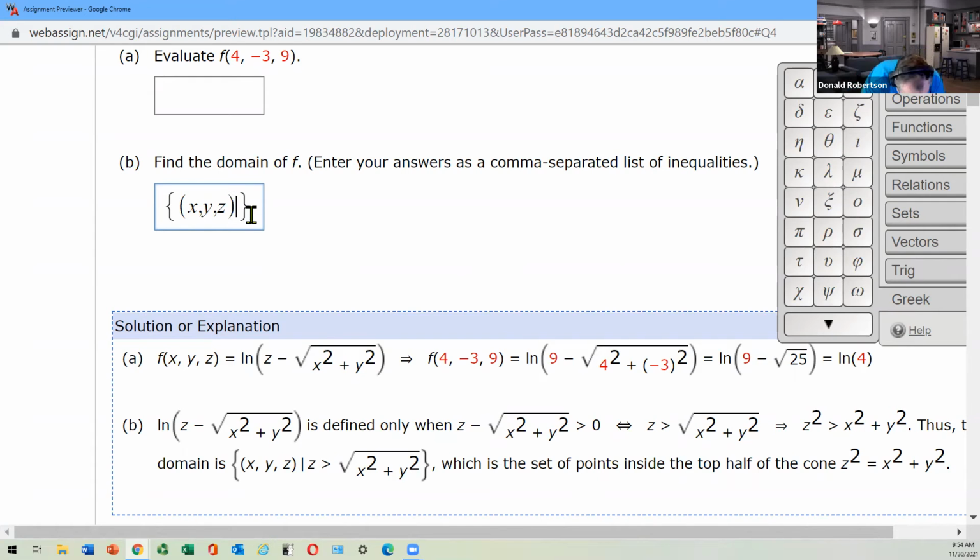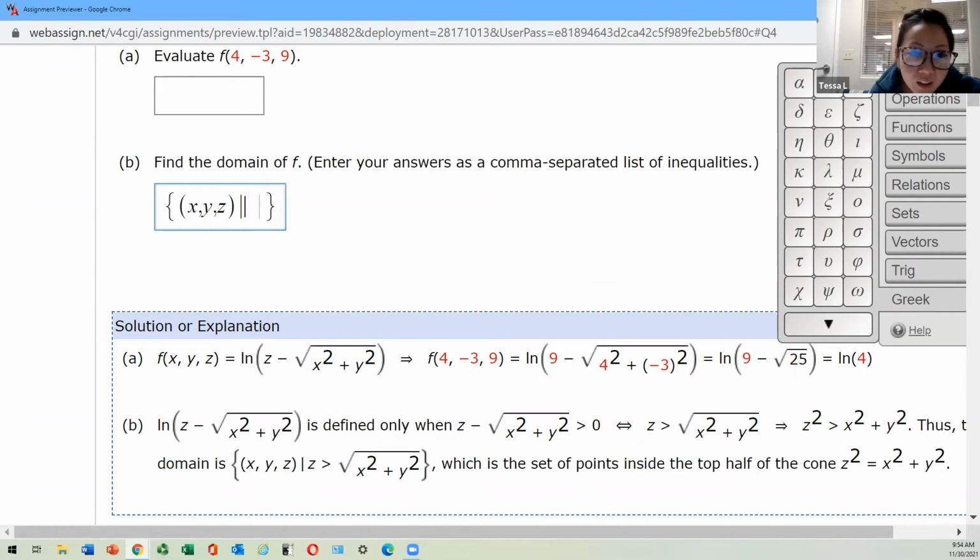No. Shift Control 1. No. Shift backslash. Gotcha, there we go. On your keyboard, that's an absolute value, I think. Well, it definitely gave the vertical line that I was looking for.